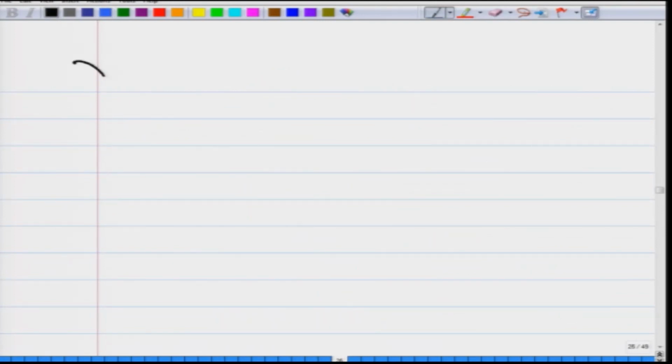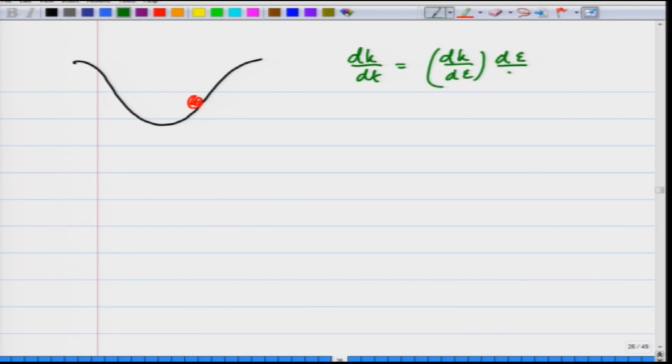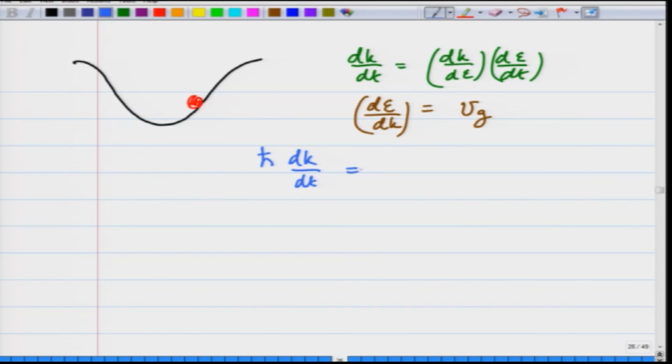Again making this picture, a band and a particle moving in this through dk dt equals dk dE dE dt, and realizing that dE dk is V group, we have found a relationship that h cross dk dt is equal to the force applied.